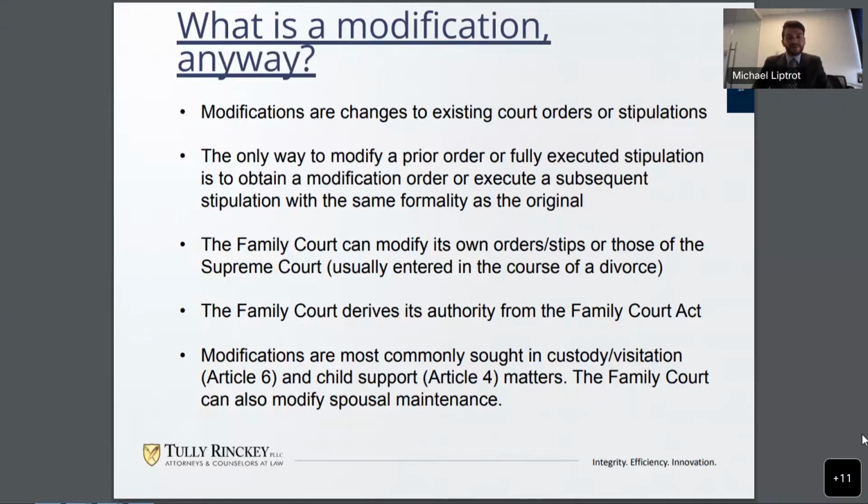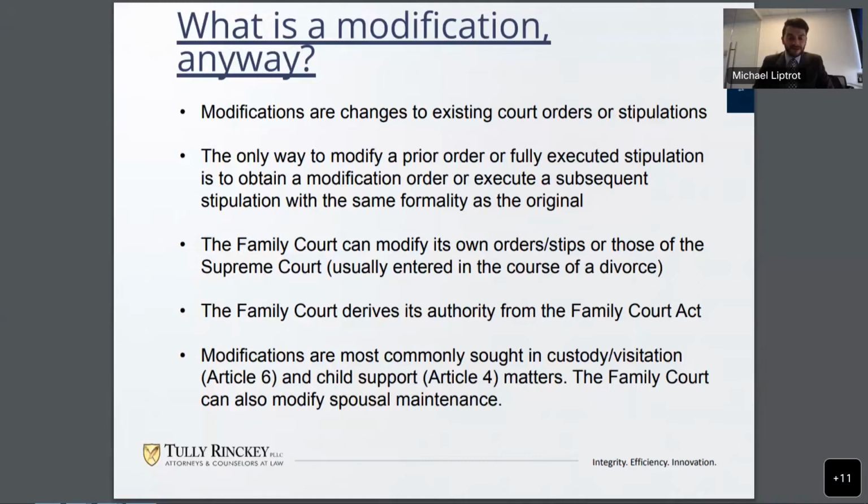The only way to modify your existing order or stipulation would be to obtain a subsequent court order, or if you executed a stipulation with the same degree of formality as the original, you could modify it that way. You would probably get attorneys involved to make sure you do that correctly.